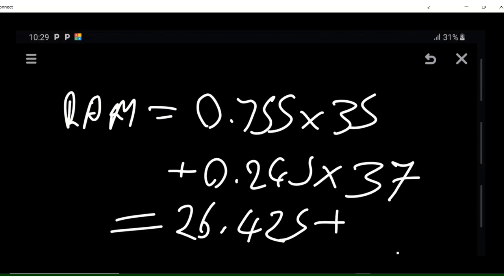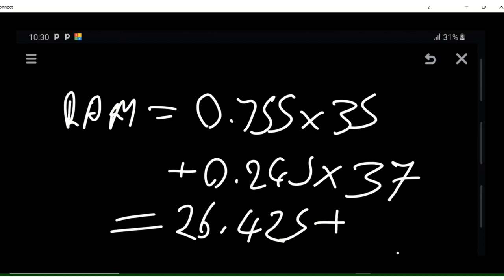So just write it the way it is. At the end you can round off, but first write the full answer, or maybe to four decimal places. You can write the value before the answer to four decimal places.